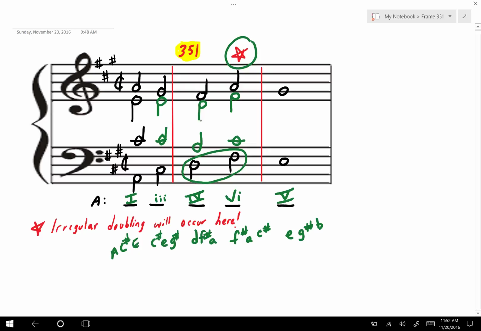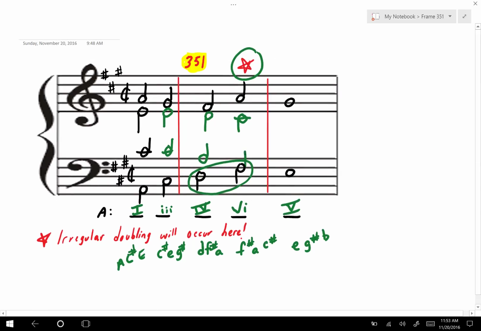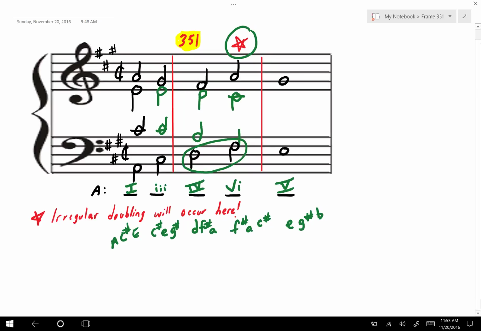So I can't double the root in the alto, but what if I put the C sharp in the alto and have the tenor singing the F to double the root? Will that work? Well, it could work, but it's a little bit boring.